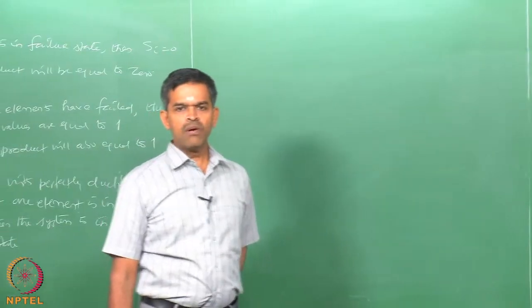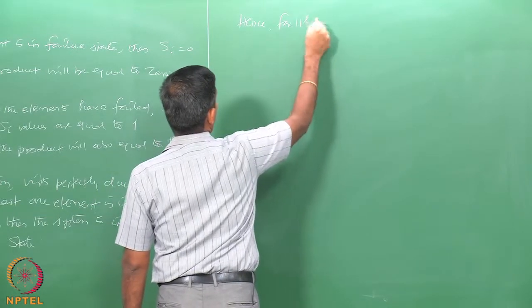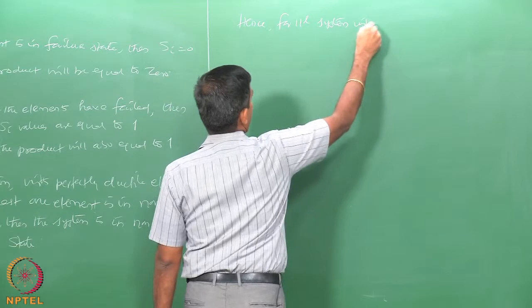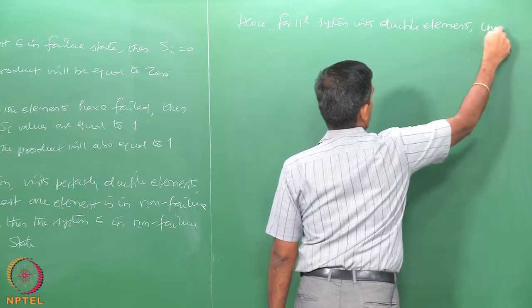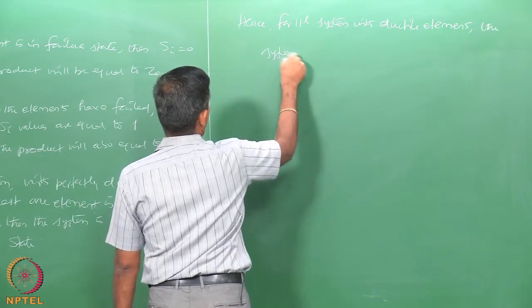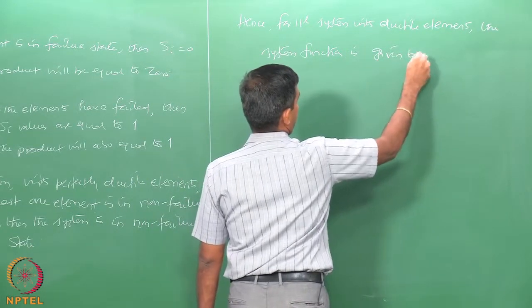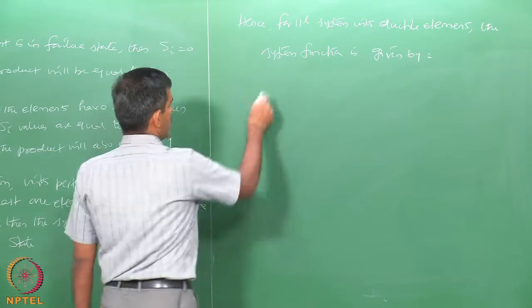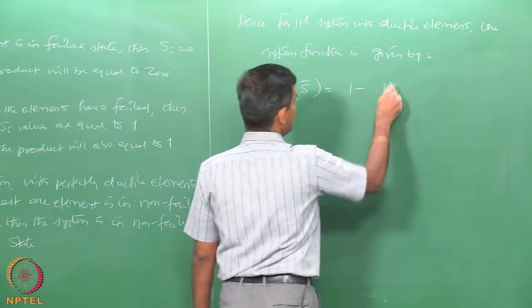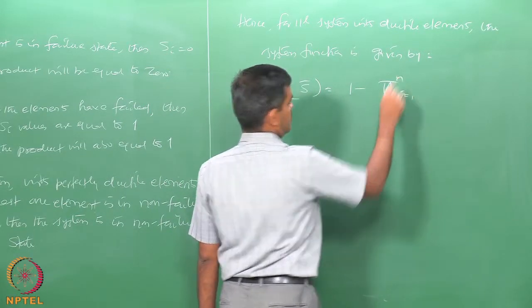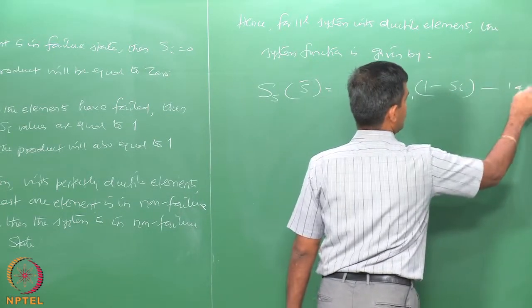Therefore, the corresponding system function is given by Ss(S bar) is 1 minus the product over i equals 1 to n of (1 minus Si), equation 14.